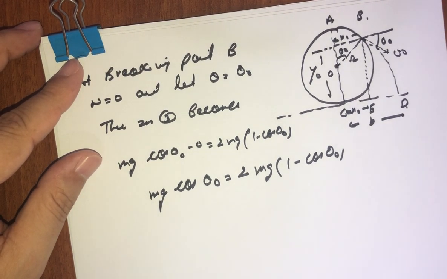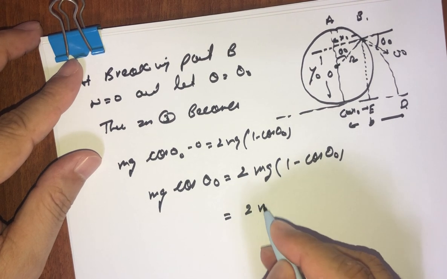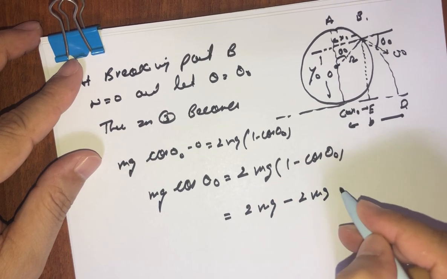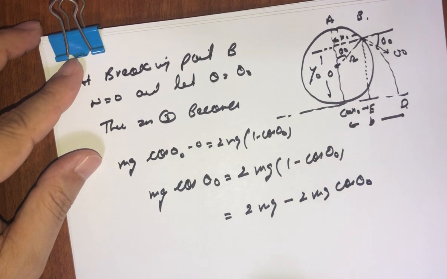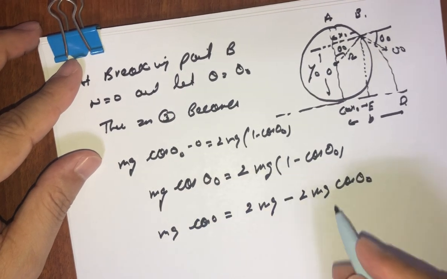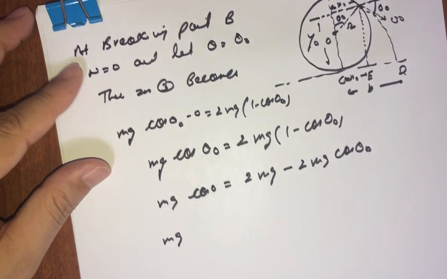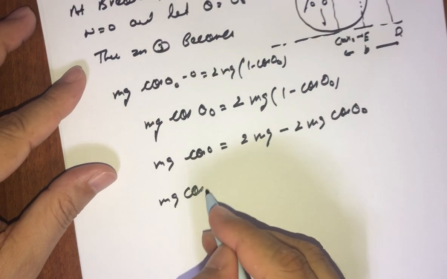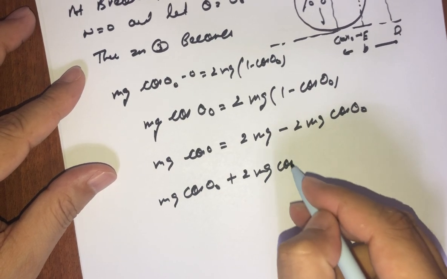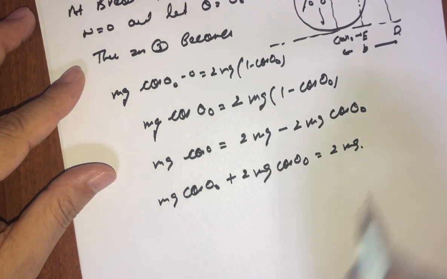Now we open the bracket. We get twice mg minus twice mg cos of theta naught, which is equal to mg cos of theta naught. So bringing this to the left side, we get mg cos of theta naught plus twice mg cos of theta naught is equal to 2mg.